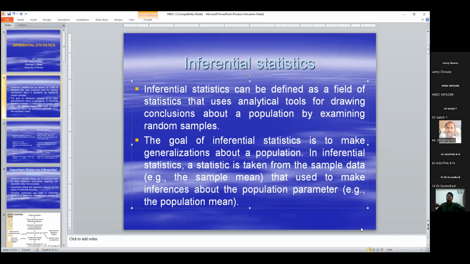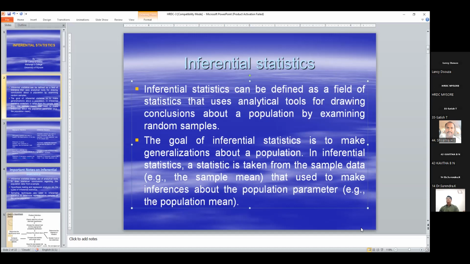So a simple definition of inferential statistics is that it is a field or branch of statistics where we use advanced analytical tools for drawing conclusions about a population by examining a random sample. So you may not take a population for the study, but you take a sample, what you call a representative sample.